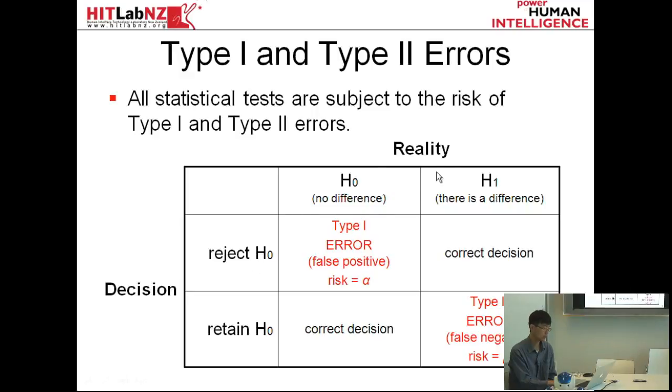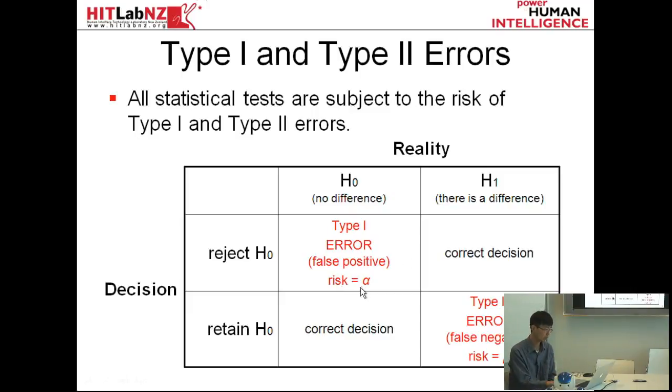And if in reality, in the whole population around the world, there was actually no difference, then you're making a type 1 error, which is saying your interface is better while it is not really better in the whole population. In other words, it's called a false positive.